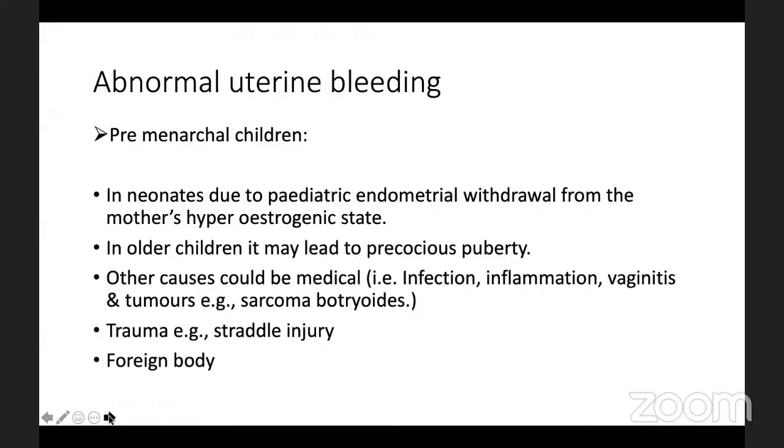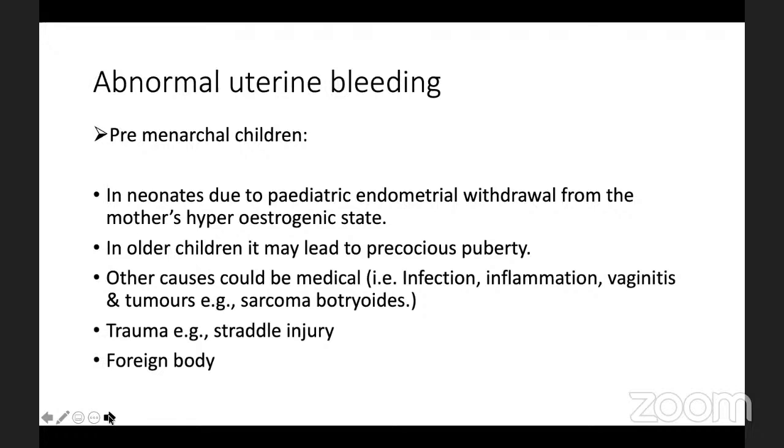Then in the older girls, if they've got precocious puberty, they can start bleeding earlier. So we need to also investigate that. Other causes could be medical in this group, where it's probably due to infection or inflammation, probably vaginitis or even tumors in the young. And also you can have sarcomas that can cause PV bleeding.